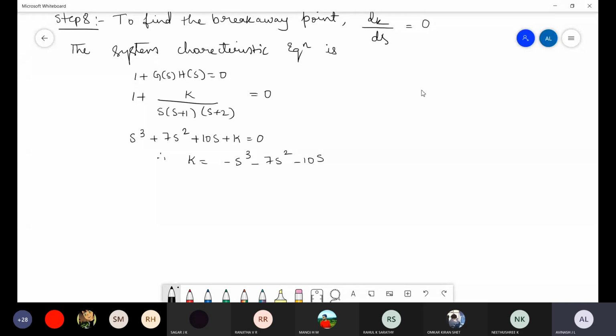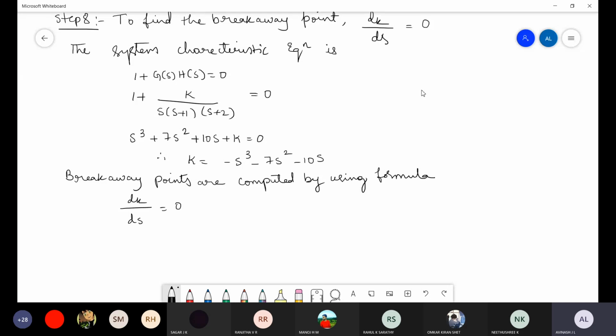So now I can write one statement: the breakaway points are computed by using the formula dk divided by ds equal to 0.